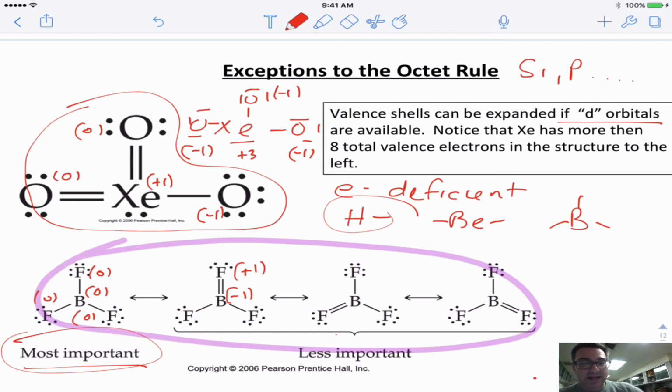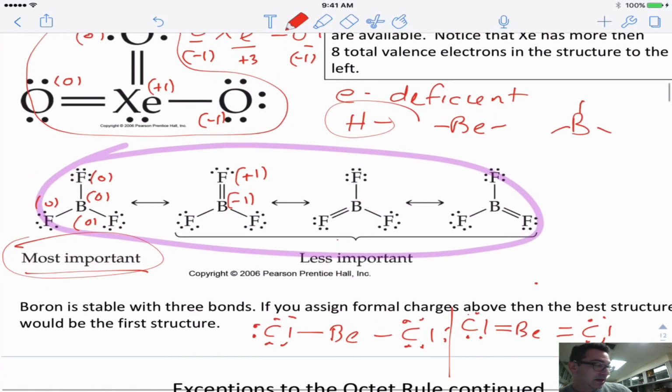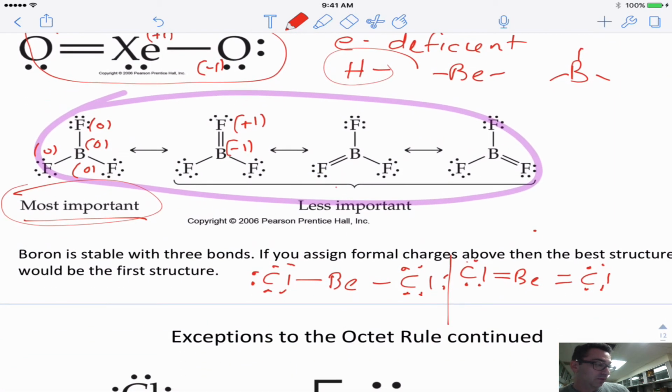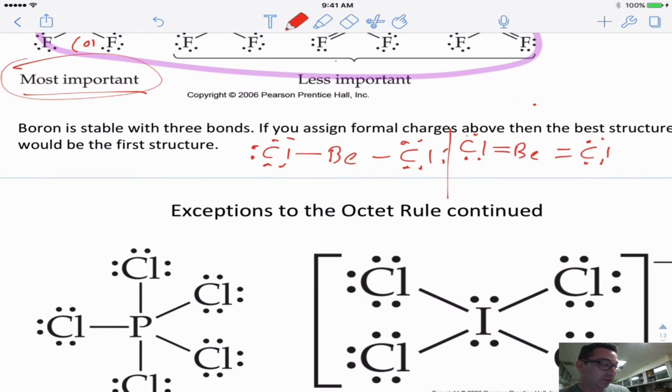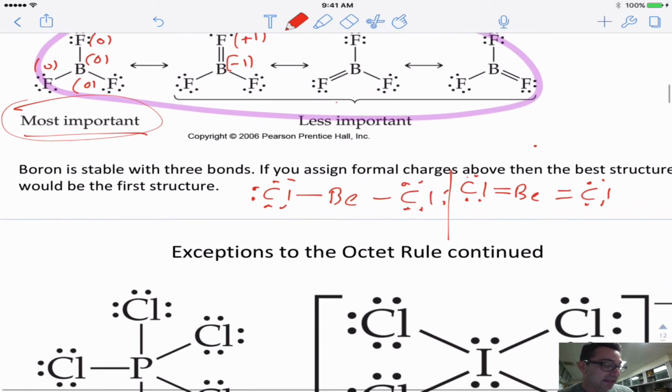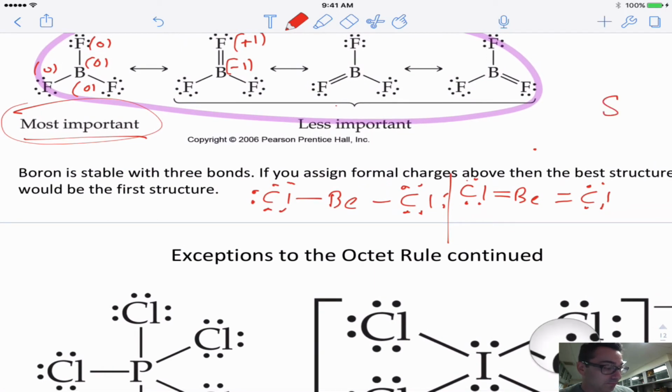So that just doesn't happen. So it turns out that when we look at compounds and we say, well, are they going to violate the octet rule or not, we have to consider their formal charges. If their formal charges are better, then they will end up being favored.